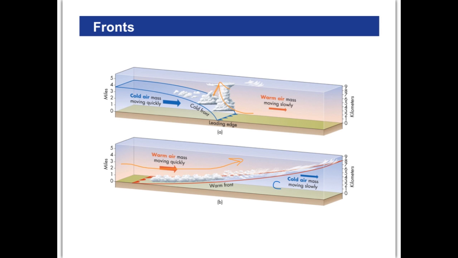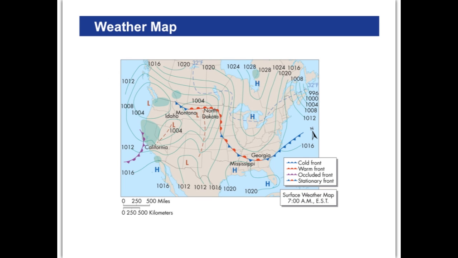We'll talk about the other two when we get to the front diagram video, but that should do it for now. This last slide shows maybe a typical weather map where you would see all these, oh my goodness, what's going on with all these lines right here? Well, these green lines indicate areas of different pressure. You've got high and then stepping down into low pressure right here. But what we just talked about is these front lines.